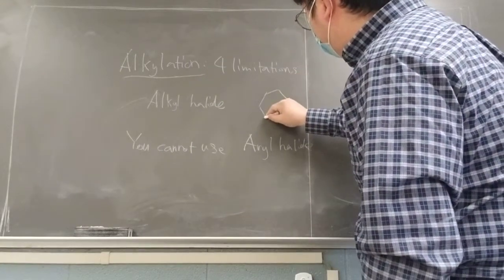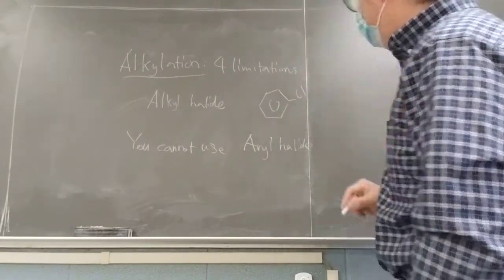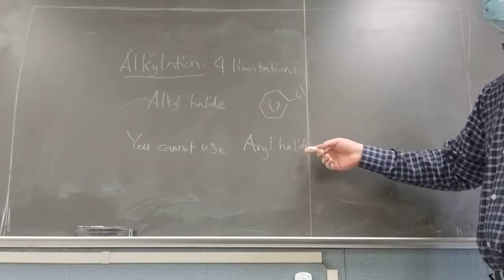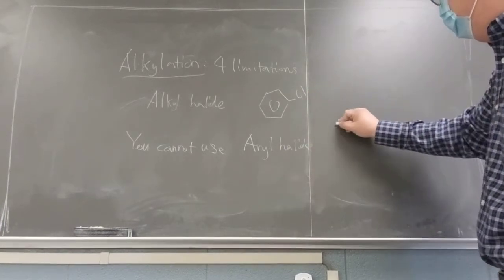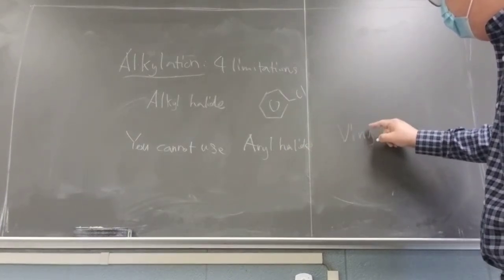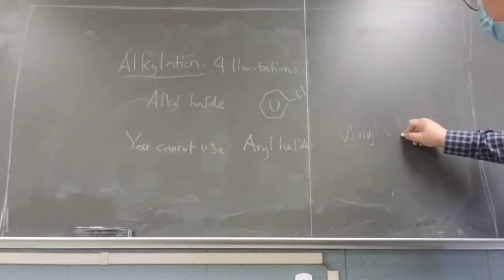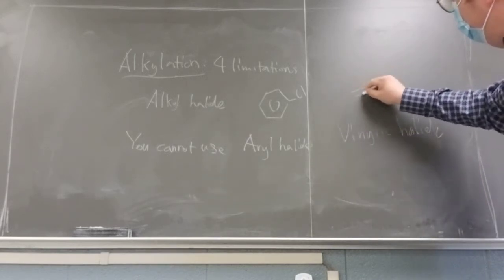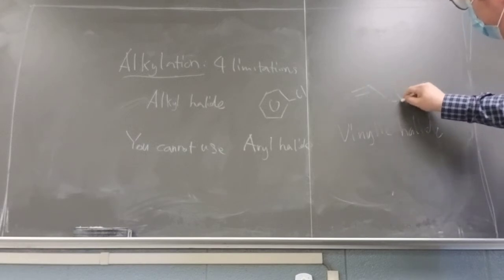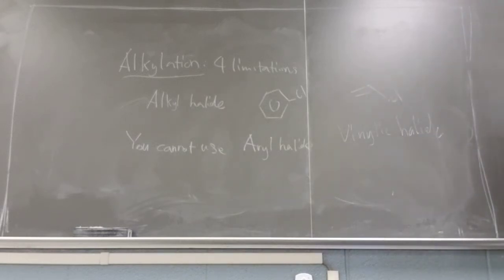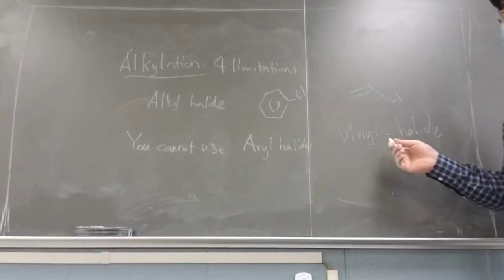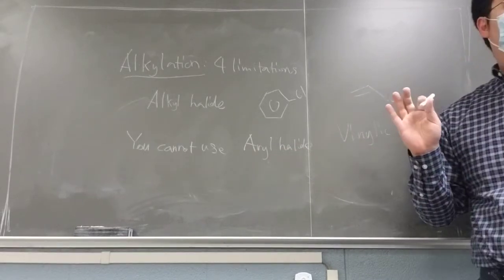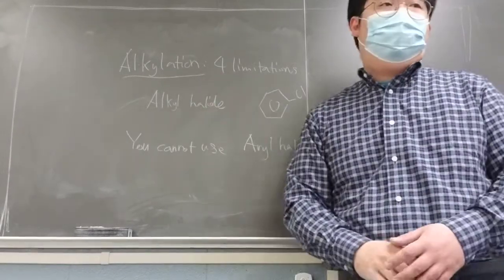So for example, this one is an aryl halide, one of the examples, or phenylic halide, meaning you have a double bond here and there's chlorine. Okay? So those types of things. So these aryl or phenylic halides cannot be used for this alkylation.